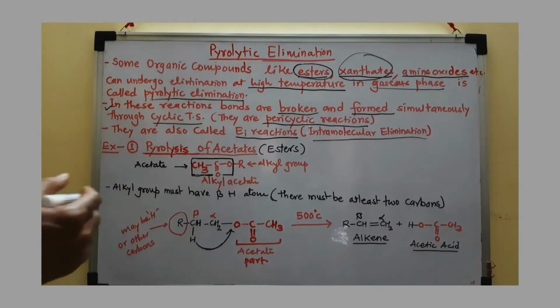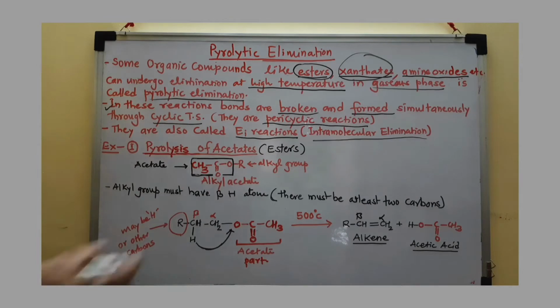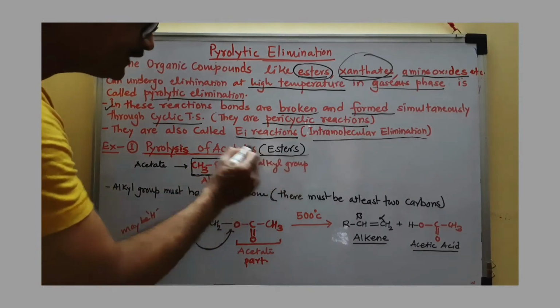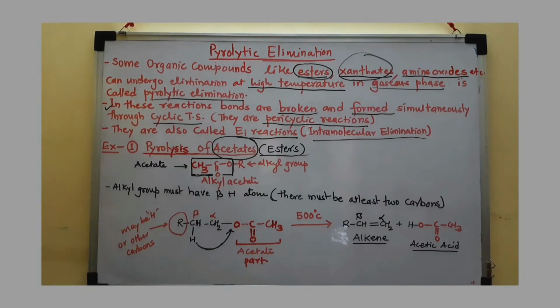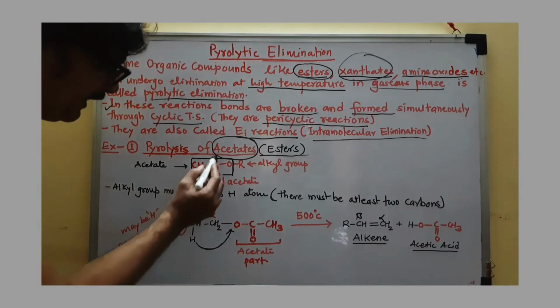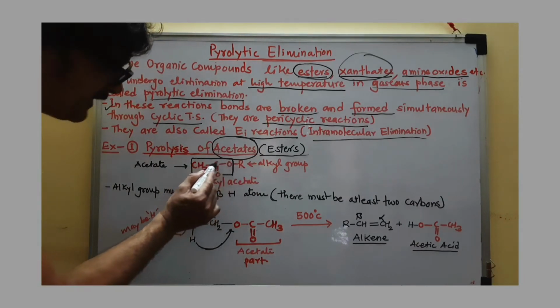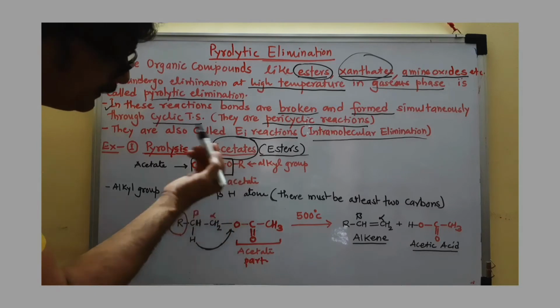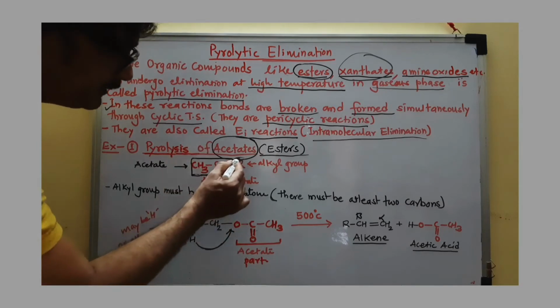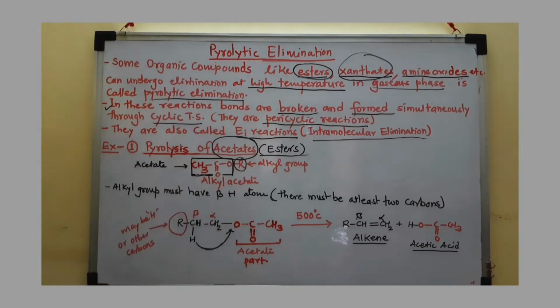So the first example is pyrolysis of acetate. So I am taking here an ester. Acetate means an ester of acetic acid. So here, when we replace R with H, that will be acetic acid. If the H of the acetic acid is replaced with an alkyl group, that becomes an alkyl acetate.